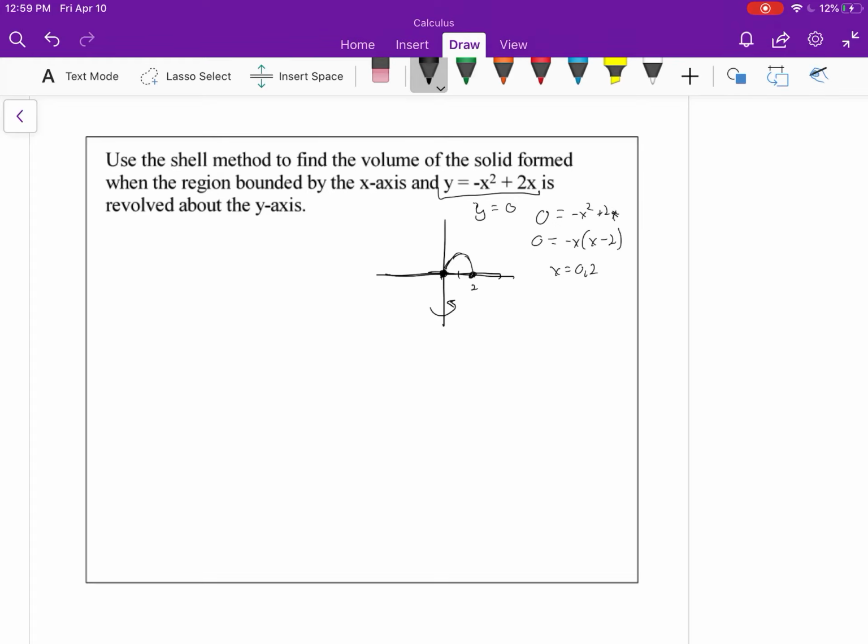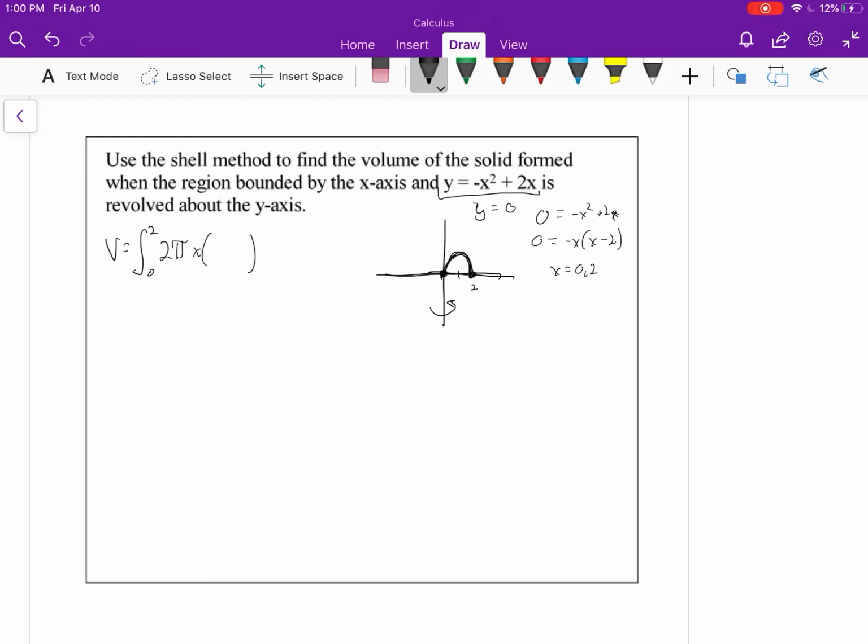So let's see what we can do here. Can we use this to figure this out? So volume is going to be equal to the integral. And we're wrapping around the y-axis, so we're going from 0 to 2 of 2 pi times the radius. Well, the radius is just the x value, times the height, that's the function.